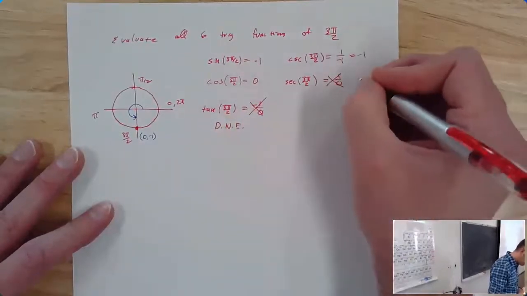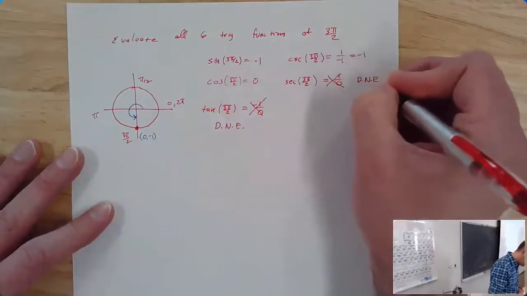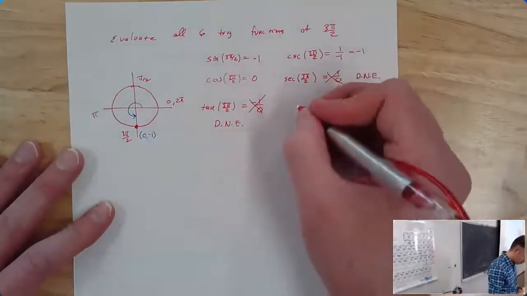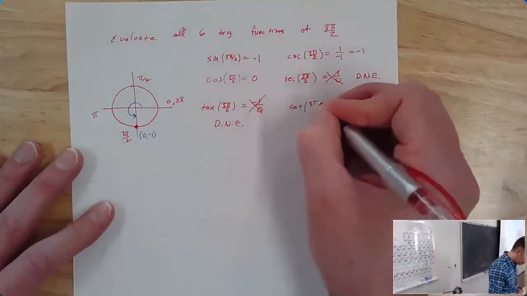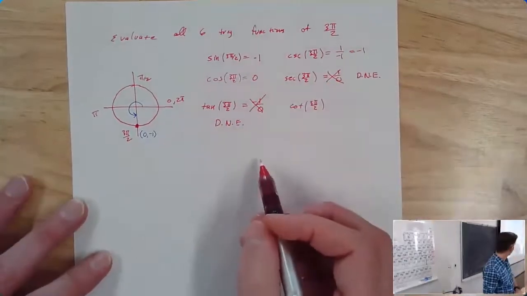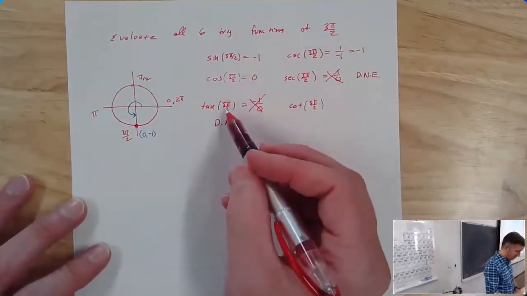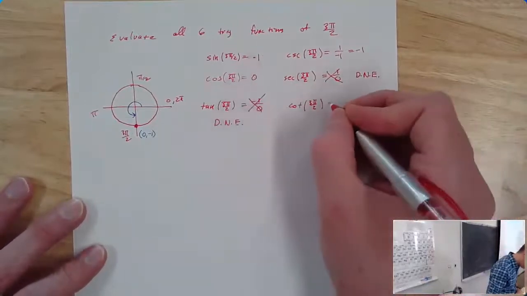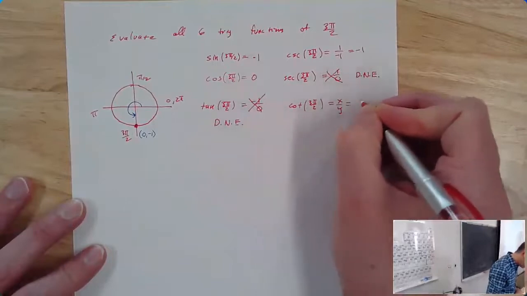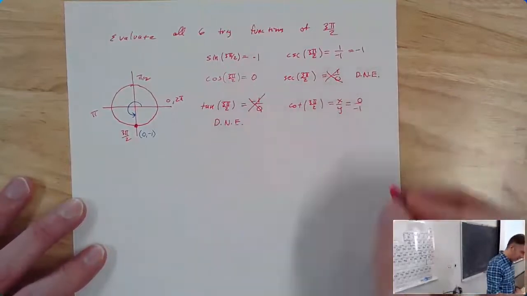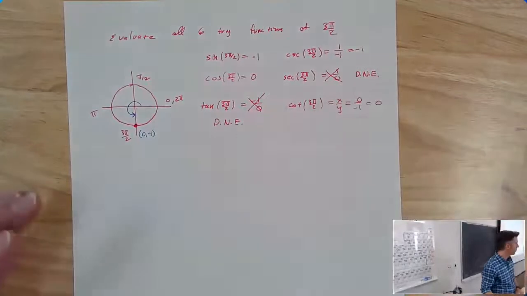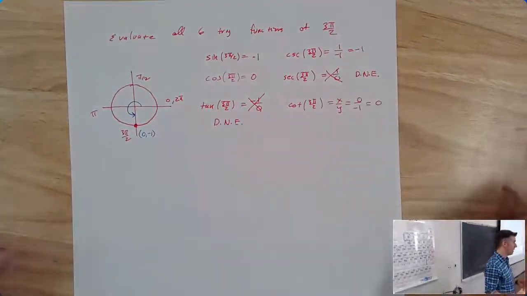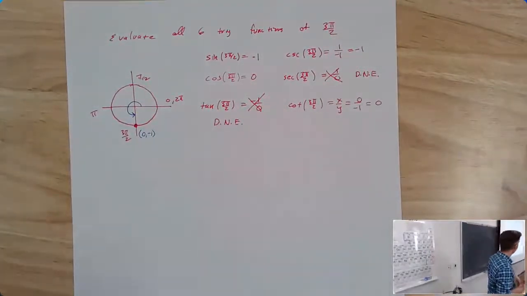Secant of 3 pi over 2 does not exist. Cotangent of 3 pi over 2 does exist, though. Cotangent would be the reciprocal of tangent, or you could think of it as the x over the y coordinate, which in this case is 0 divided by -1. And 0 divided by -1 is just 0. Right? 0 divided by any non-zero number is just 0.